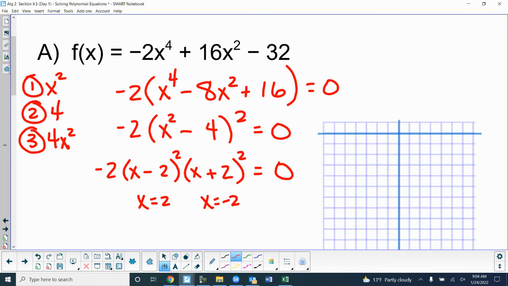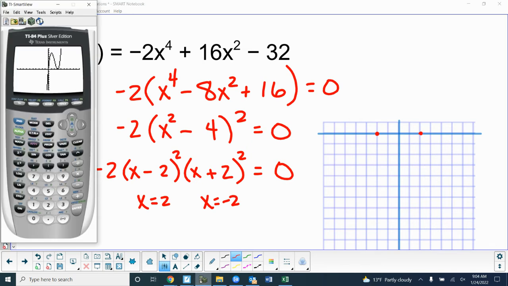No. So if this is negative 2, and this is positive 2, and it's an even exponent, what happens at these 2 points? Does the graph go through them or bounce off them? Bounce off. Is that because it's even? Because it's even, yeah. The exponents are even.